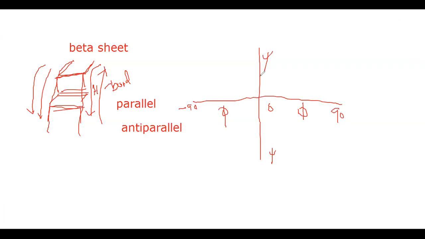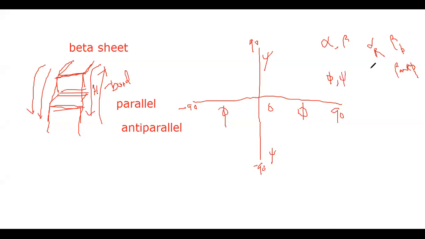Similarly, this is psi. This is 0, this is plus 90, this is minus 90. So what do these 4 quadrants mean? If you have an alpha helix or a beta sheet, a right-handed alpha helix, a parallel beta sheet or an anti-parallel beta sheet, in each case the phi and psi are restricted.